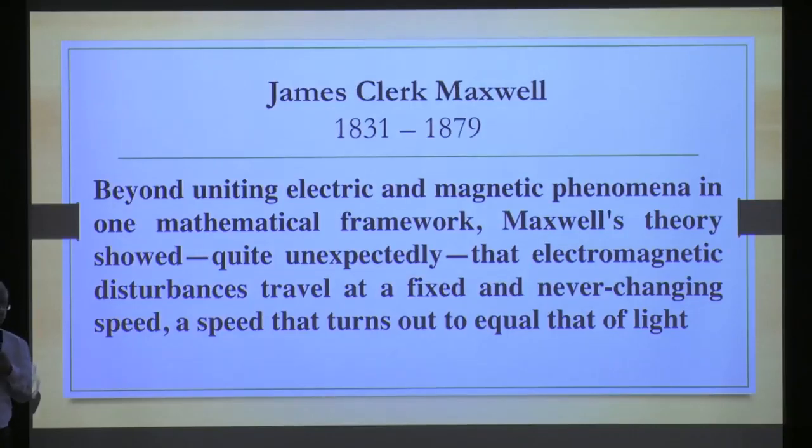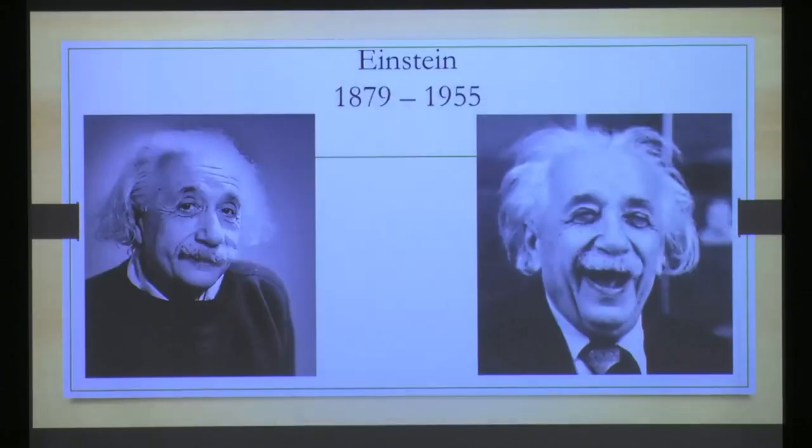And people did not understand that, and they tried to disprove it, and they could not disprove it. There were many experiments trying to show that light actually had a speed that could vary in vacuum, and it did not happen. And what happened is that Einstein came along, and Einstein said, okay, instead of trying to disprove what Maxwell said, let us accept it and let us try to build a new theory beyond the theory of Newton.